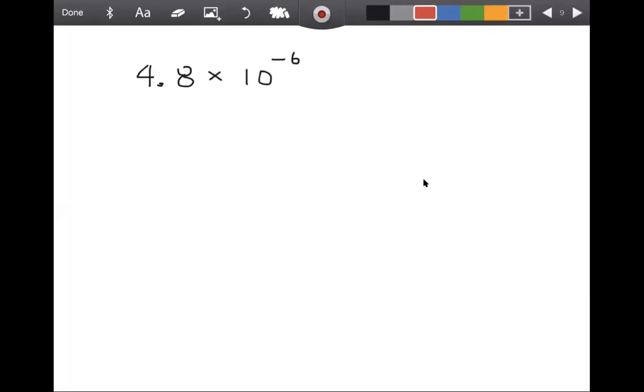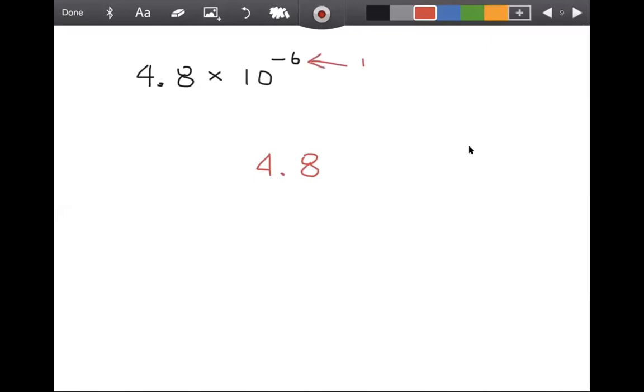Okay, so first we have 4.8 times 10 to the negative 6. When you see a negative exponent, that means to move the decimal point to the left.